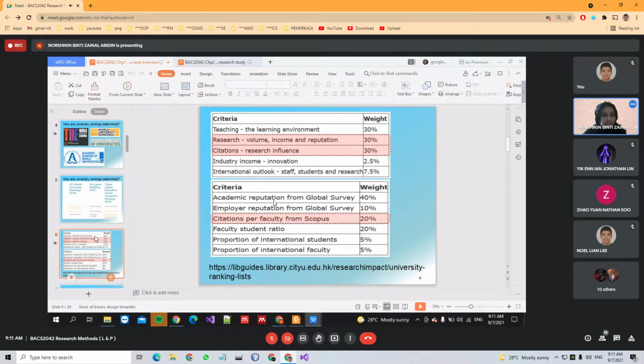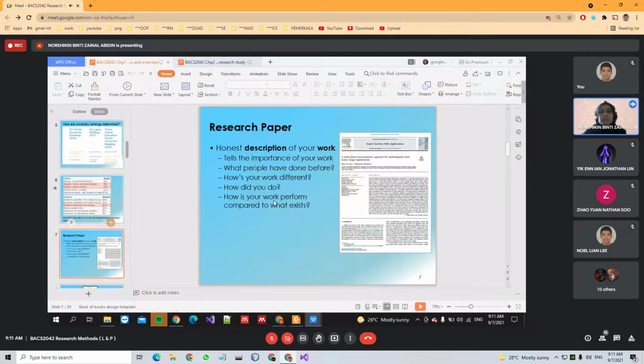So that's the introduction. What is a research paper? For this subject, you will read a lot of research papers. A research paper is like an output, a report of your research.